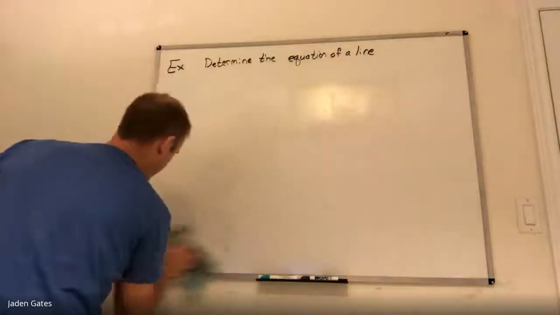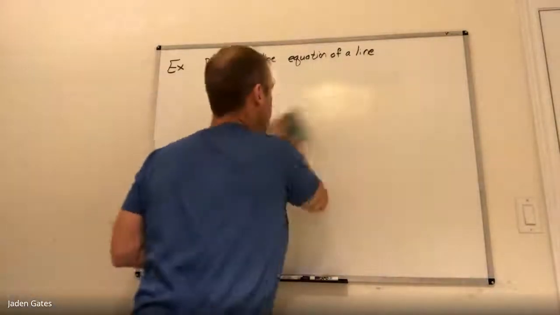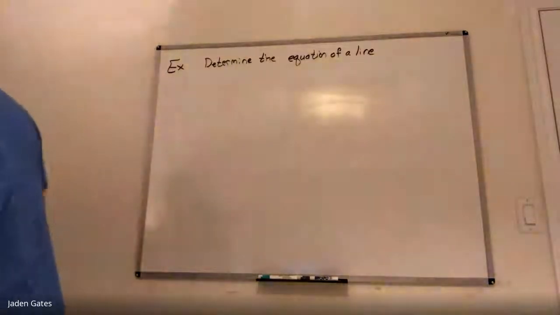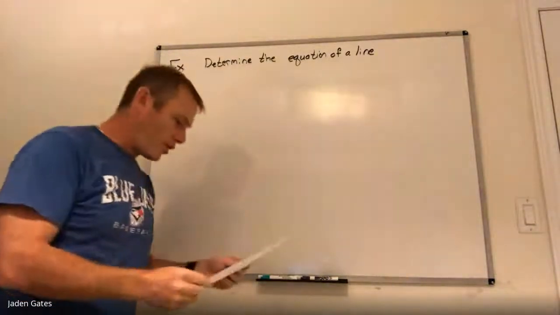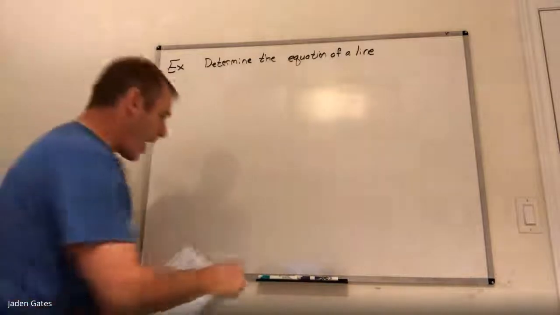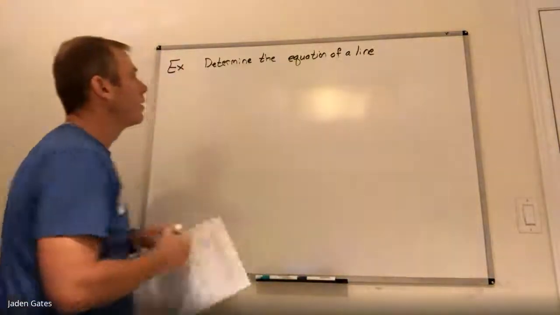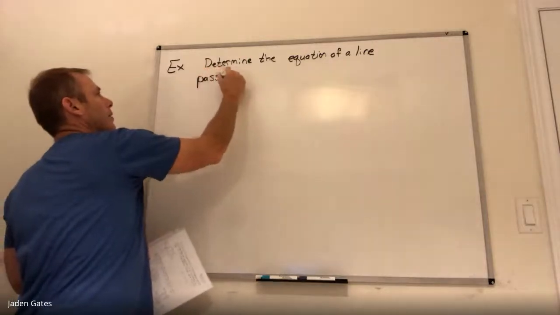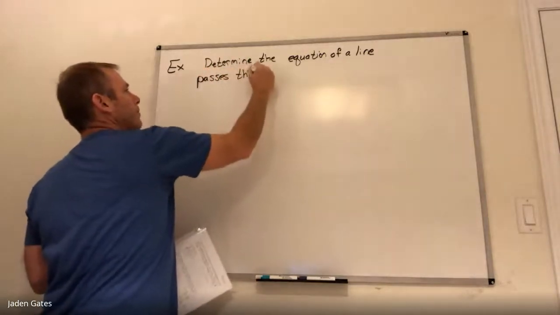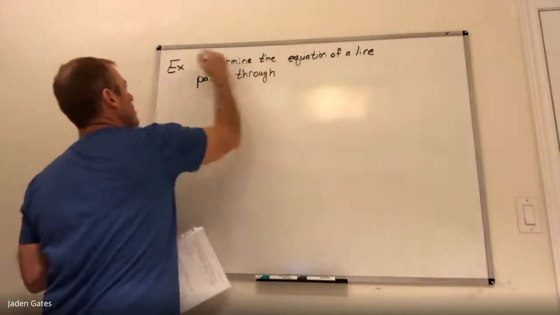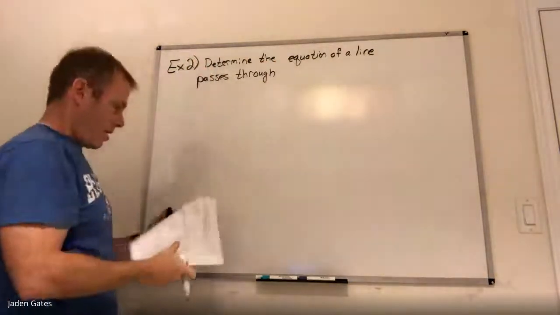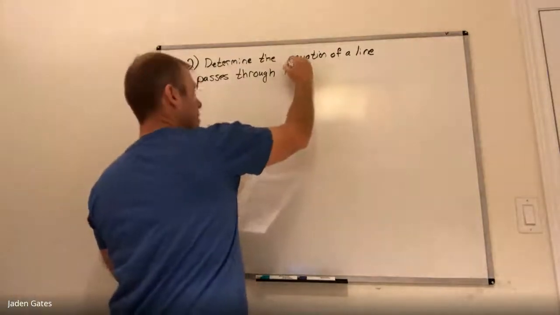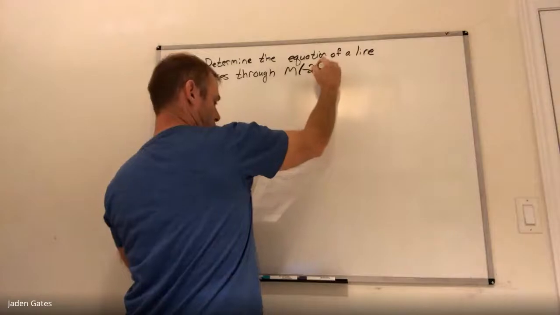All right, so example number 2. Determine the equation of a line that passes through point M, which is (-2, 1).